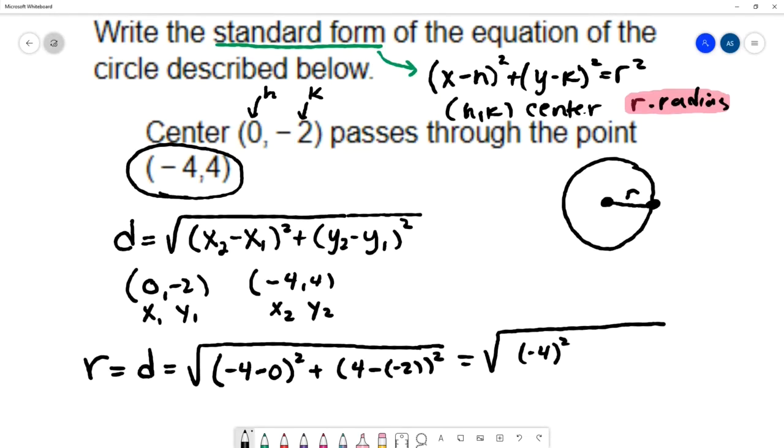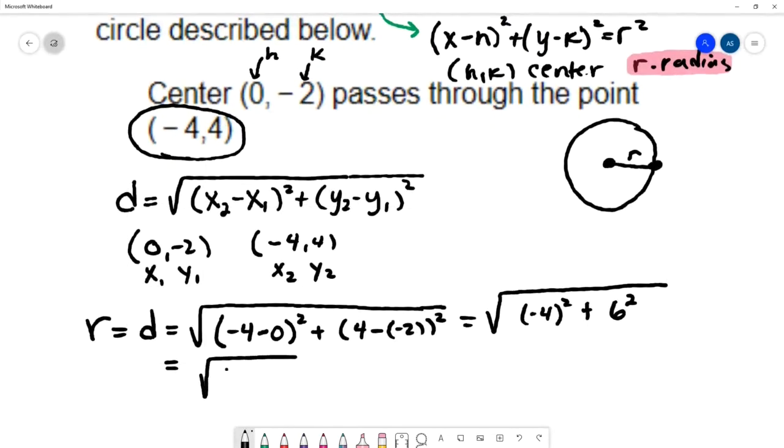And 4 minus -2, sorry, I'm getting ahead of myself. 4 minus -2 is the same thing as 4 plus 2, and that's 6. So we have 6 squared. (-4)² is 16. 6 squared is 36. And 16 plus 36 will give us 52.